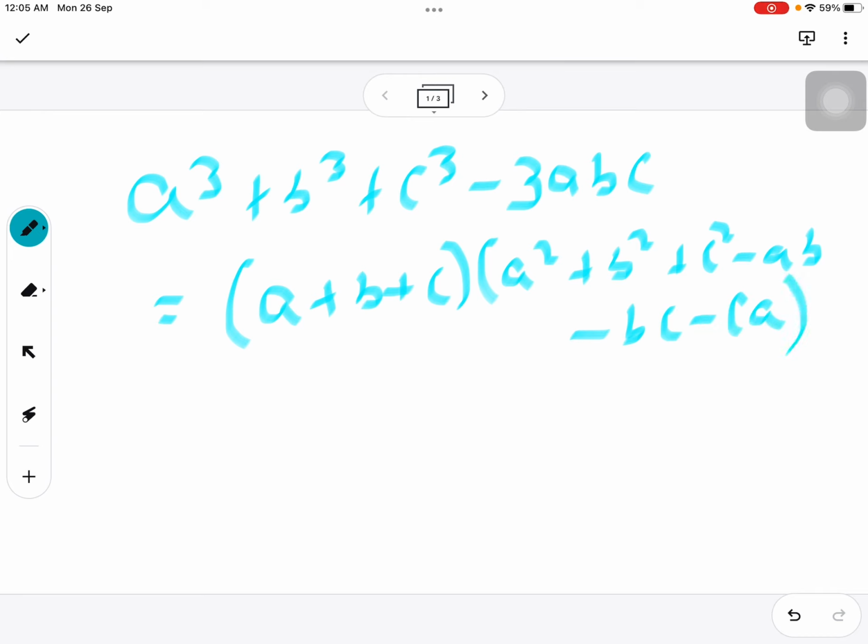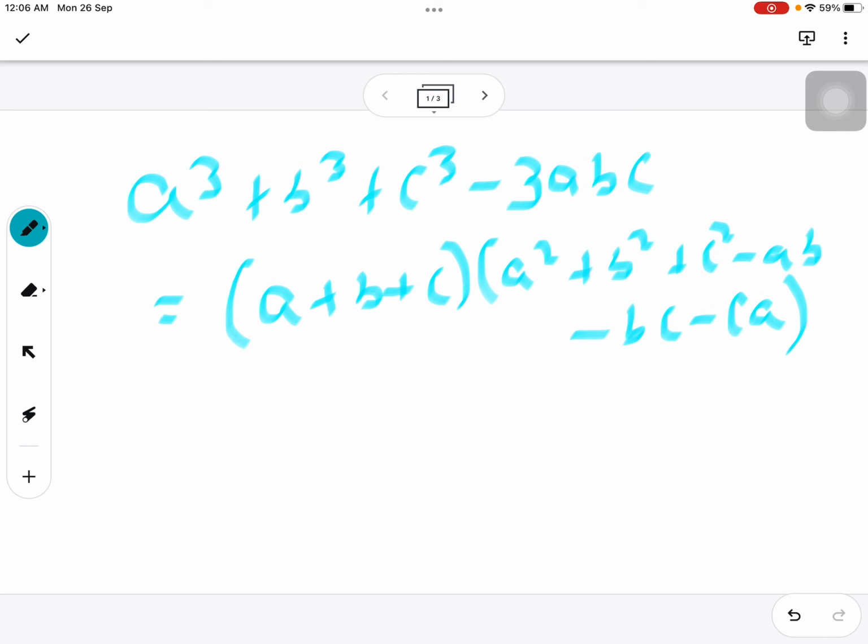This formula is extensively used in government exams, GRE, GMAT, competitive exams, all these kinds of exams. Okay, why, I'll let you know. Just remember the formula, understand the formula. a cube plus b cube plus c cube minus 3abc is equal to a plus b plus c into a square plus b square plus c square minus ab minus bc minus ca.